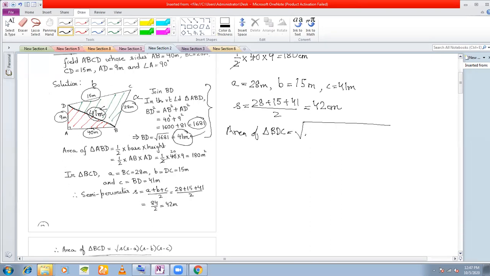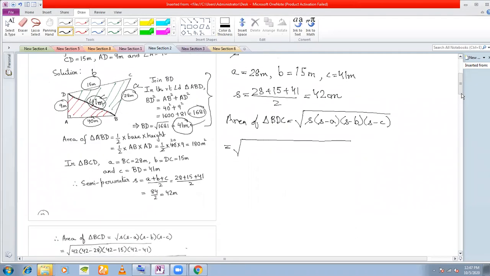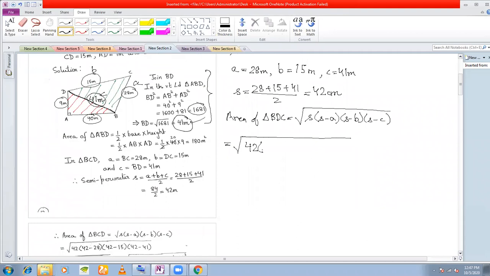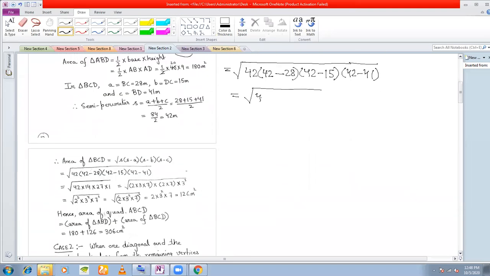Area of this triangle by Heron's formula is the root of S into S minus A into S minus B into S minus C. So this is the root of 42 into 42 minus 28, which is 14, 42 minus 15, which is 27, and 42 minus 41, which is 1.